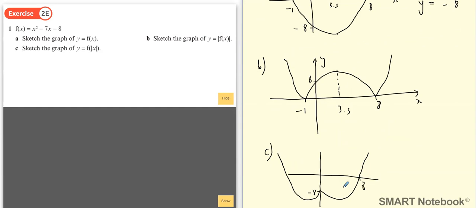This was positive 8, so this now is going to become minus 8. And you're going to need that shape. It can't be a U-shaped graph in the actual exam, because one of the marks will be for the shape and you'll lose that mark. Okay, is everyone happy with that? Can you please let me know in the chat?